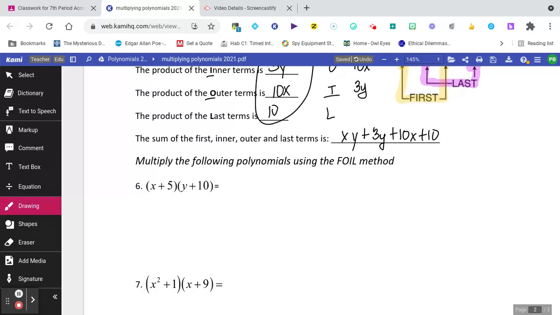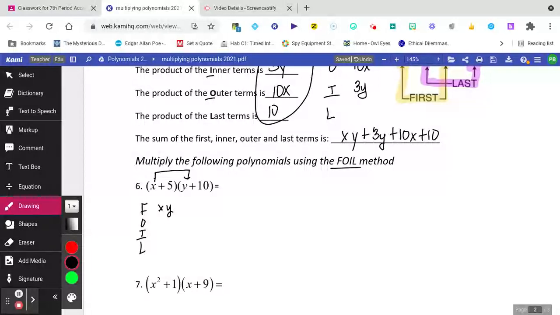Okay, I'm going to practice FOIL on this, guys. So I'm going to write first, outer, inner, and last. So the two that are first, X and Y. So the product of X and Y is XY. Okay, outer. Well, what's on the outside? 10 and X. So that's positive 10X.